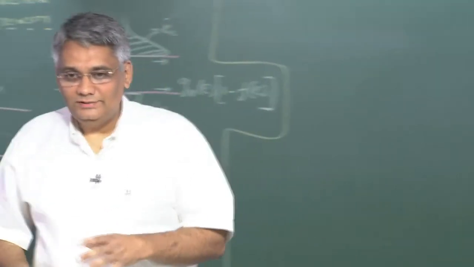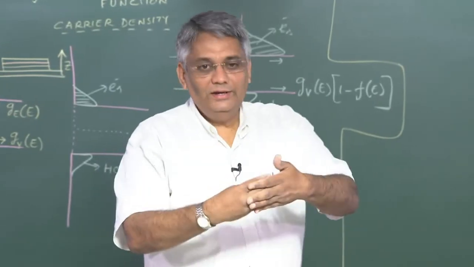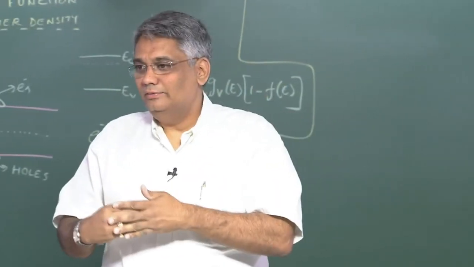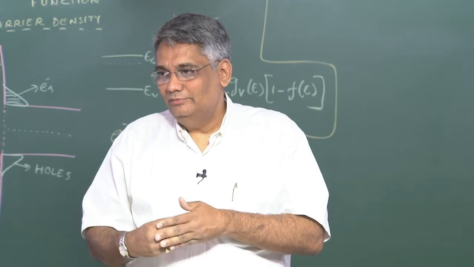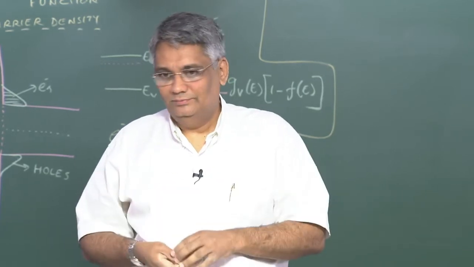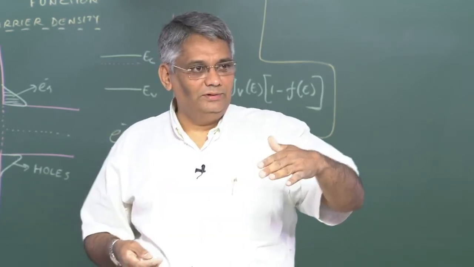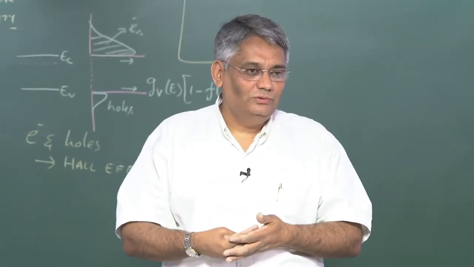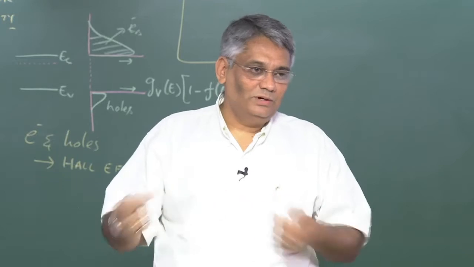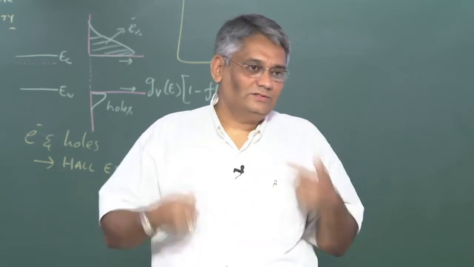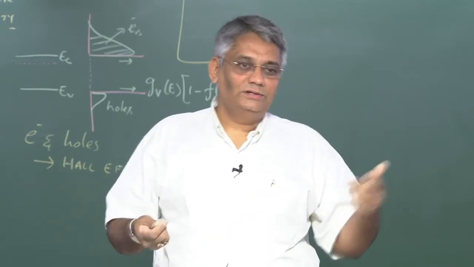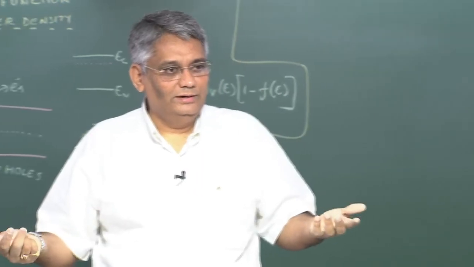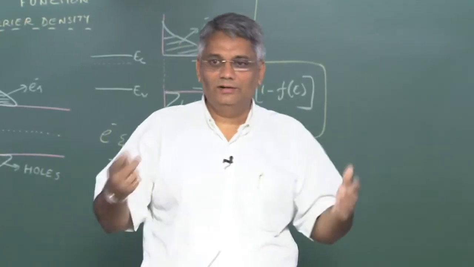So the whole idea is this. We can create what is called injection luminescence when you have p and n junctions. When you have a p-type material and an n-type material, if you make a p-n junction sandwich between these two, you can pump carriers from one side to the other, and when carriers recombine, the recombination can give rise to light emission. Okay, this is a simple way of getting light emission.